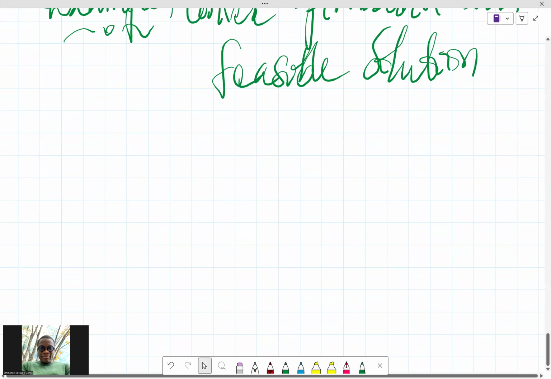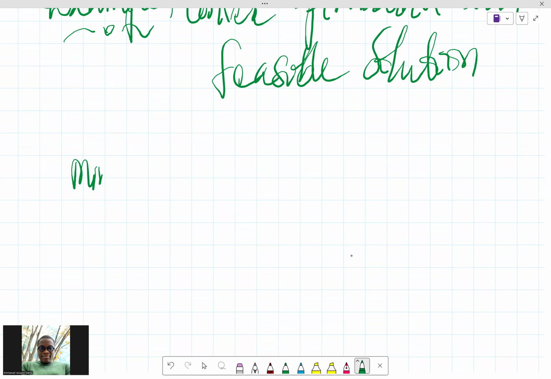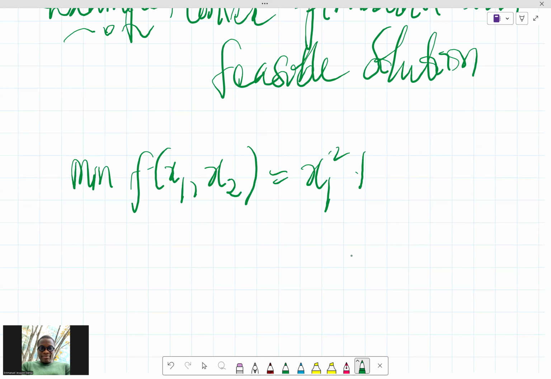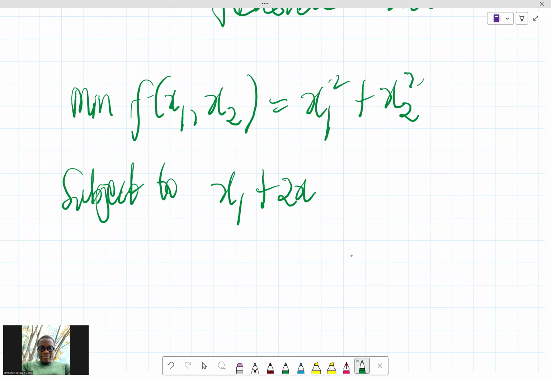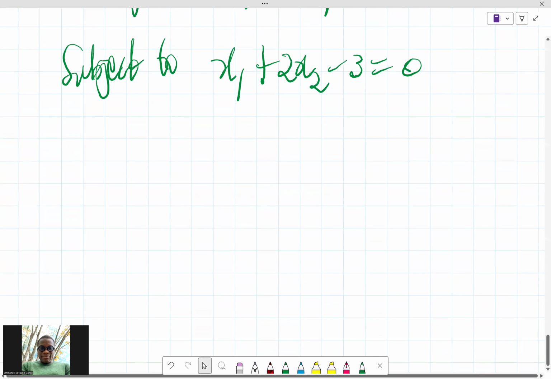So imagine that we need to minimize f of x1, x2 equals x1 squared plus x2 squared, subject to x1 plus 2x2 minus 3 equals 0. That's what we have. And then to deal with this, we can go step by step.